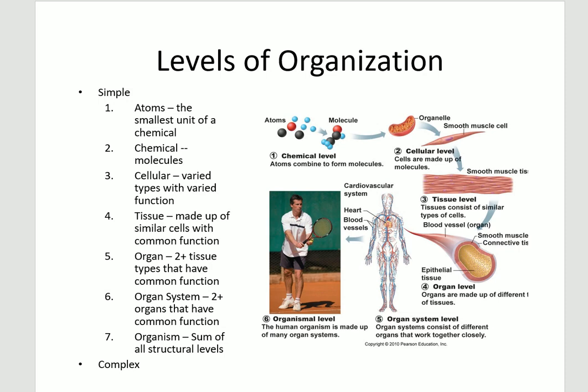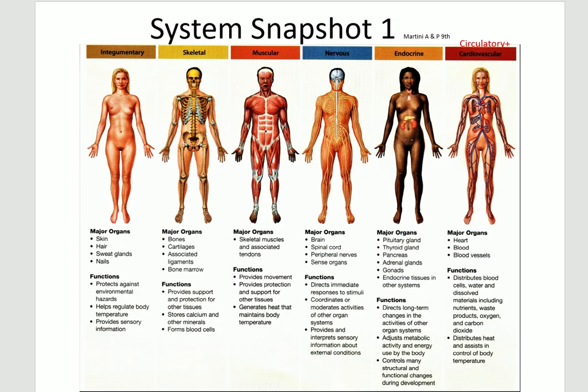And then we move on to organ system, same thing. Organ system is a bunch of organs working together. And then the organism is what happens when all of these things work together to make a functioning you and a functioning me, right? So we start really simple, really small, and we get pretty complex.